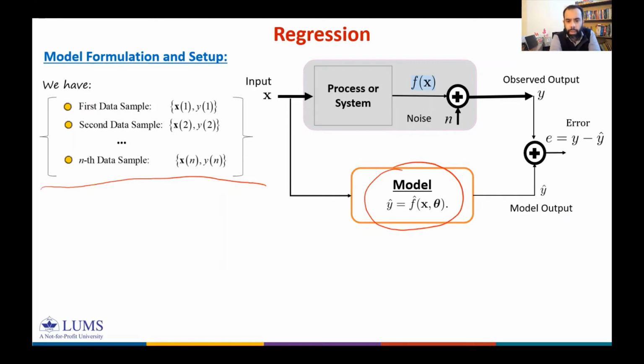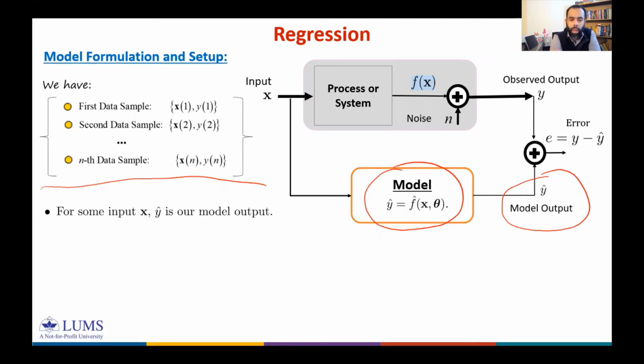But I have used y hat to denote the model output, because y hat is an estimate of the functional relationship between input and output of a process. So for some input x, y hat is our model output.